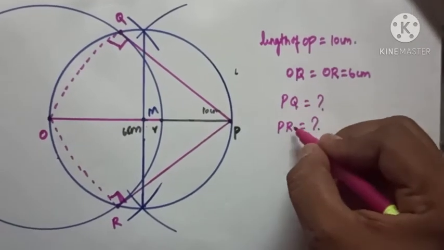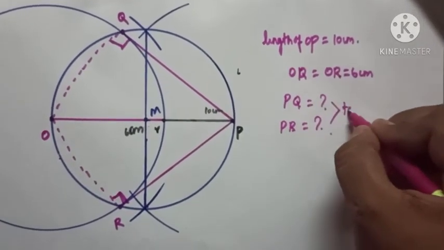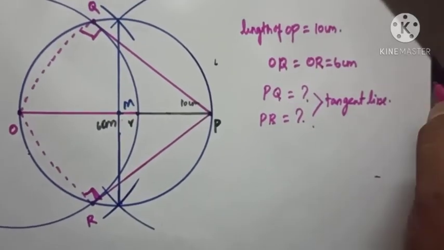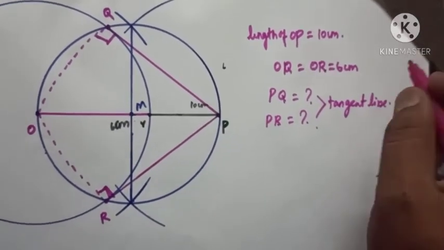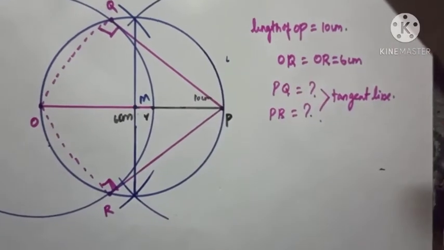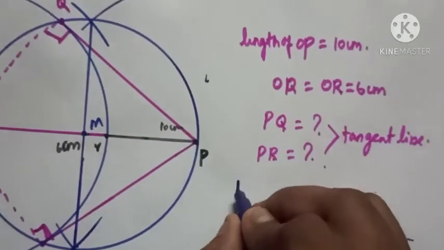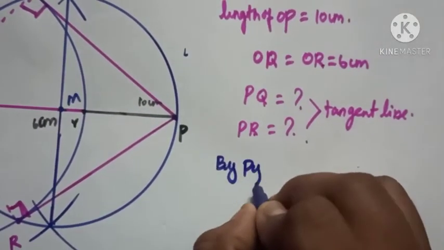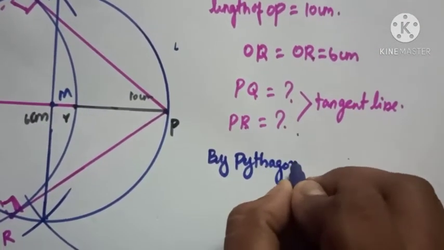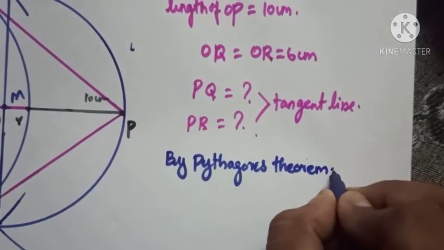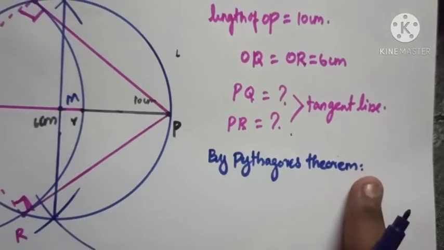Both PQ and PR are tangent lines. You already know the tangent line touches the circle at only one point. By using the Pythagoras theorem: what is the Pythagoras theorem?